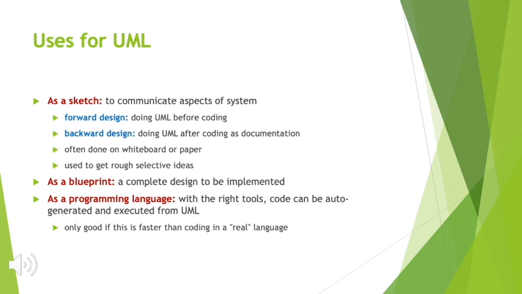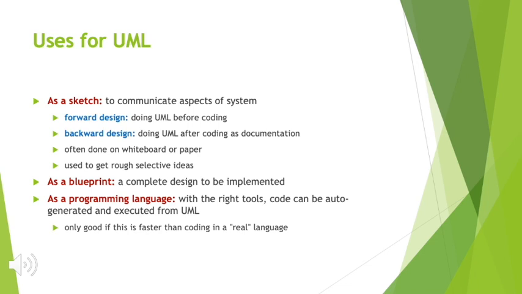So, what is the function of UML? UML we normally use as a sketch to show how the aspects of the system communicate. Okay, so you can design your UML two ways.